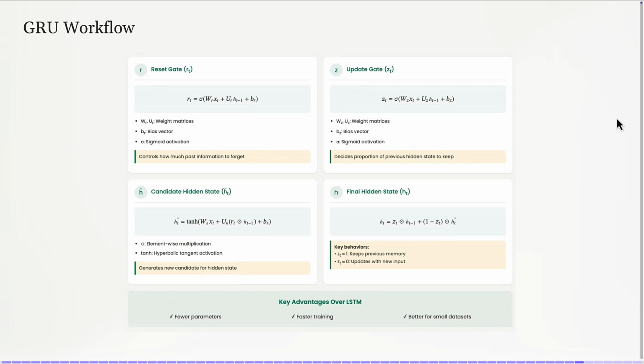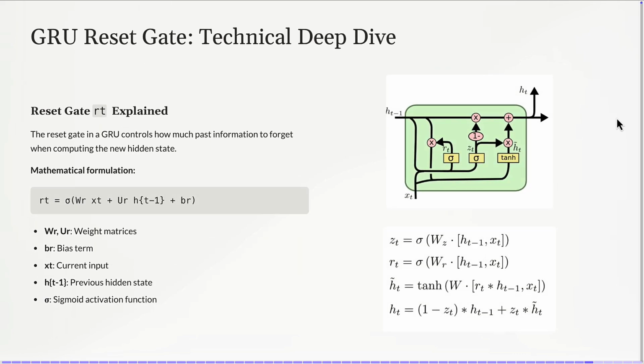So how does it work? Let me go step by step. We have the reset gate, which is the sigmoid of HT and XT. This is the reset gate. It takes XT and the hidden state HT, and then applies the sigmoid function to it.